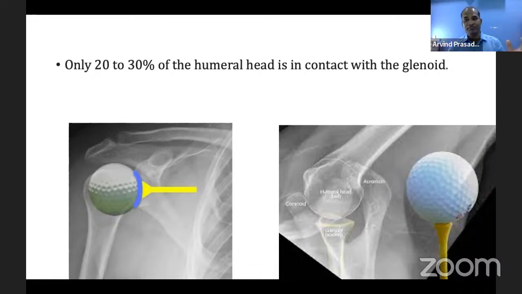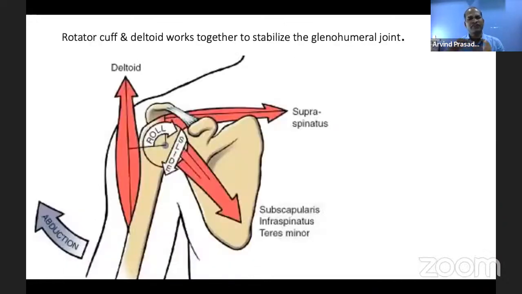At the same time, because of the high mobility, the instability also comes, and that is fairly accommodated with the help of the labrum, capsule, ligament, and the muscles, particularly the rotator cuff and deltoid, that all work around the shoulder joint.